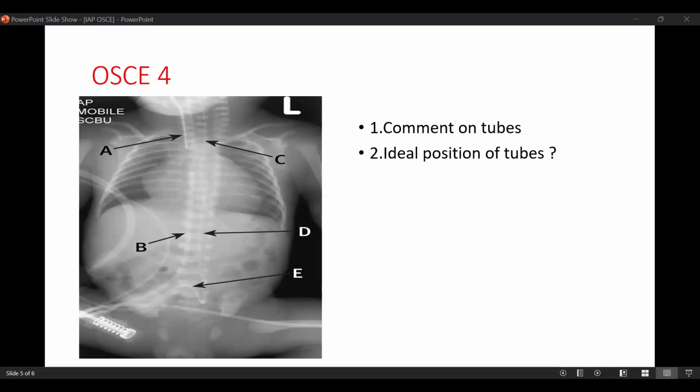In this X-ray, there are no PICC lines, but what is the ideal position of a lower limb PICC line and an upper limb PICC line?